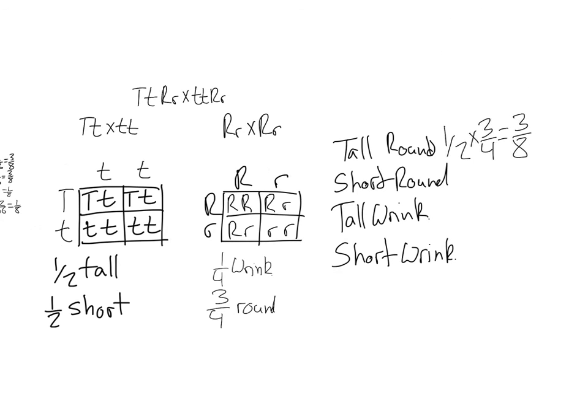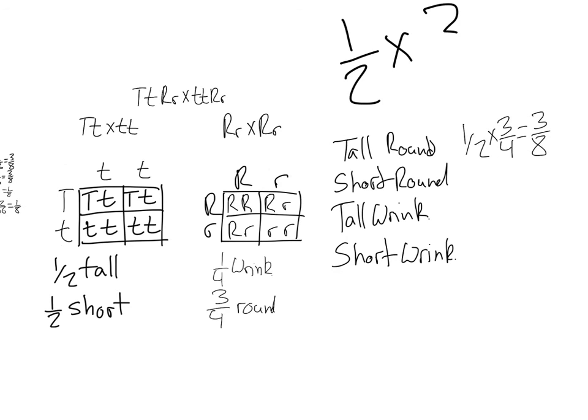That's the proportion that will be tall and round. For short and round, 1/2 will be short, 3/4 round. So 1/2 times 3/4 equals 3/8.